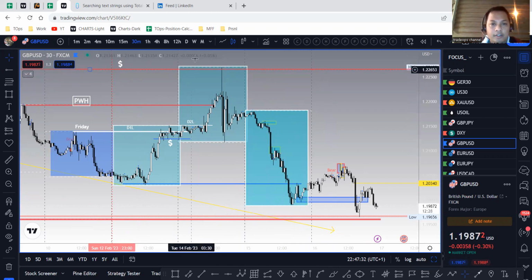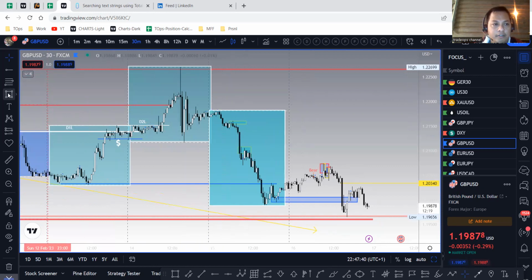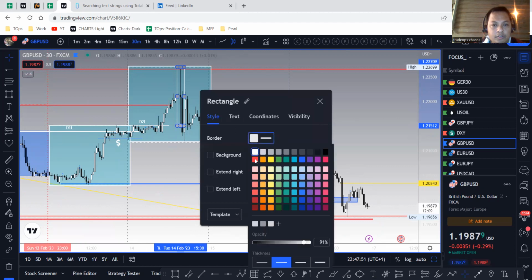So, yun nga, nagkaroon ng reversal after this news announcement. Nagkaroon muna ng parang hesitation kung ano ba talaga yung direction. But kung mapapansin nyo, ito yung range ng news announcement.